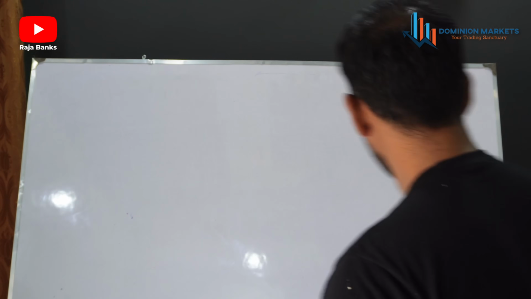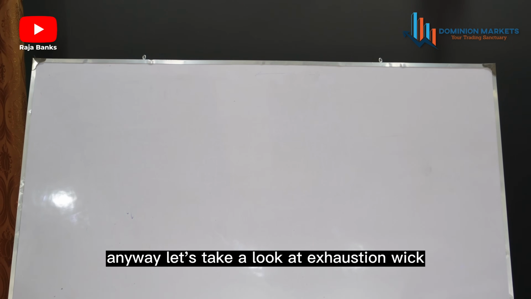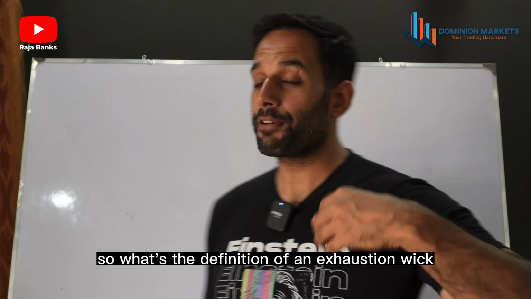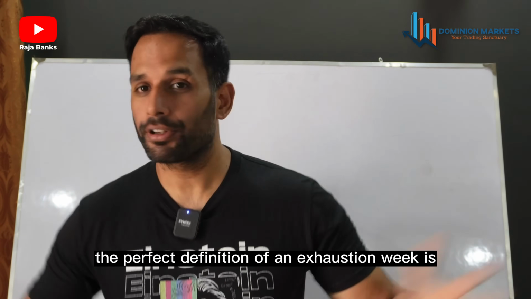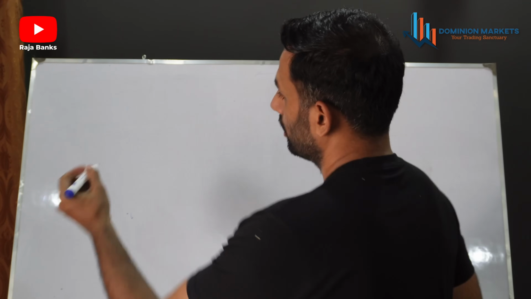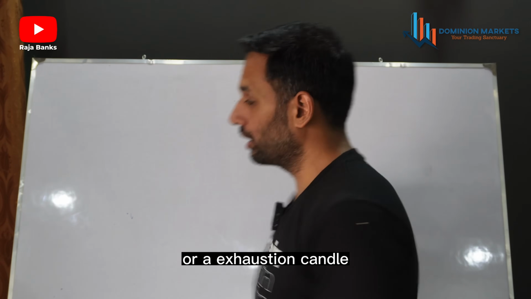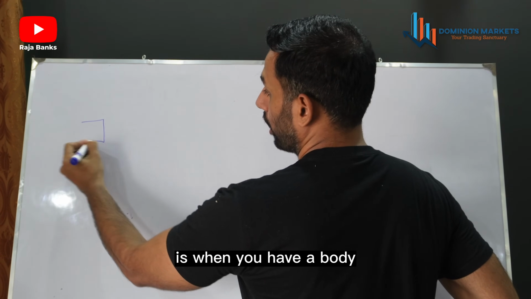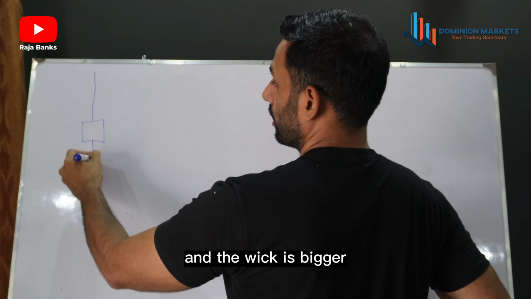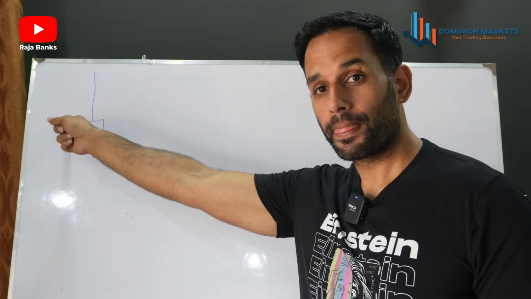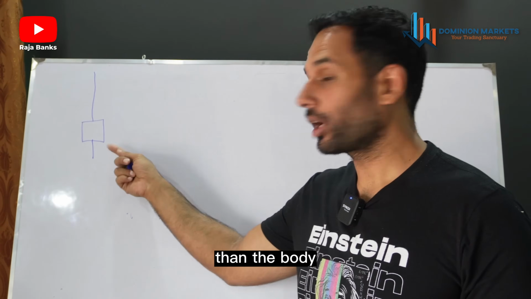Anyway, let's take a look at exhaustion wicks. What's the definition of an exhaustion wick? The perfect definition of an exhaustion wick, or an exhaustion candle, is when you have a bullish candle body and the wick is bigger than the body.